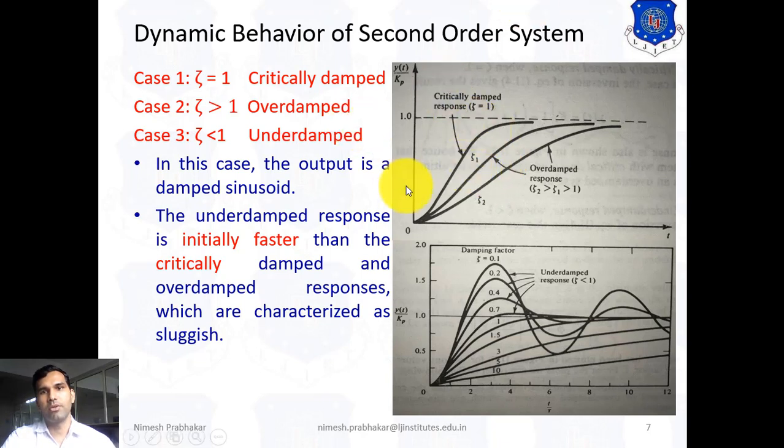Sluggish means there is a delay, or the response is slow compared to the other system. So this overdamped response, which represents 1.5, is a sluggish response compared to the underdamped response.